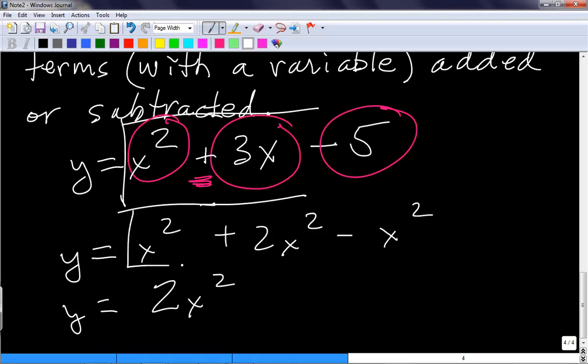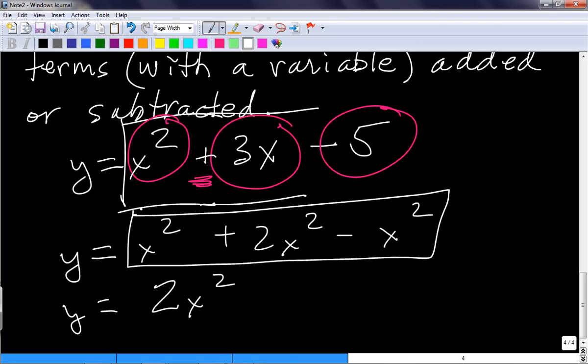So yes, you could say that's 3 terms, but when it's simplified, it's just down to 1 term. So really, we say that this has 3 terms in it because you could write each of these terms in an infinite number of ways. So we gather all the like terms before we say, hey, how many terms are there in this?